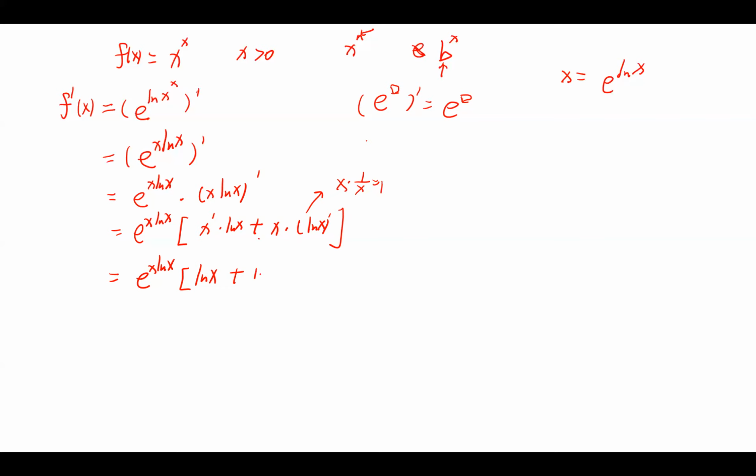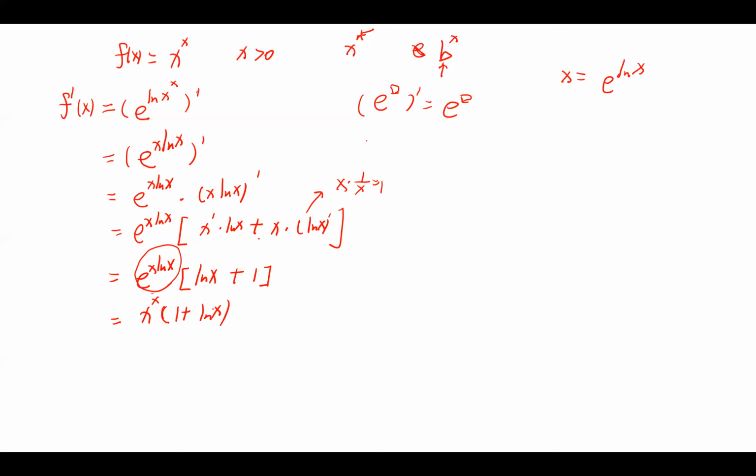So we're just going to add 1, and that's our answer here. If we convert it back to the original form, if we move x back, then we have x to the power of x, then 1 plus ln x, right? So this is the final answer.